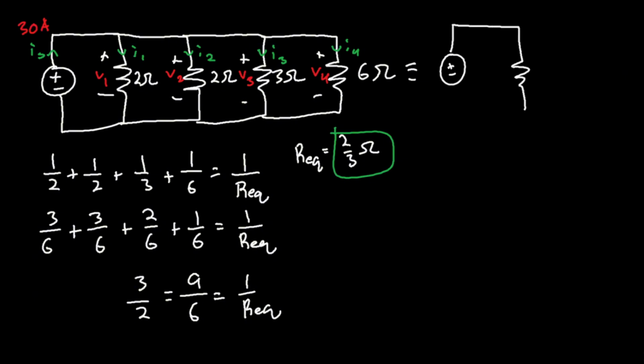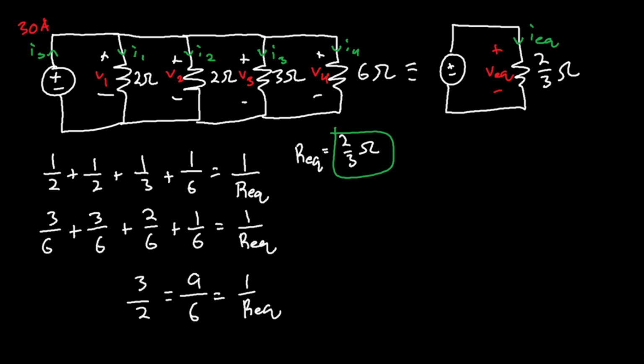So that's what the equivalent resistance is. Therefore, we can just represent this circuit as one resistor of 2 over 3 ohms with an equivalent voltage drop and an equivalent current. That equivalent current should be our 30 amps. Equivalent current is just the total current going through the system at all times.